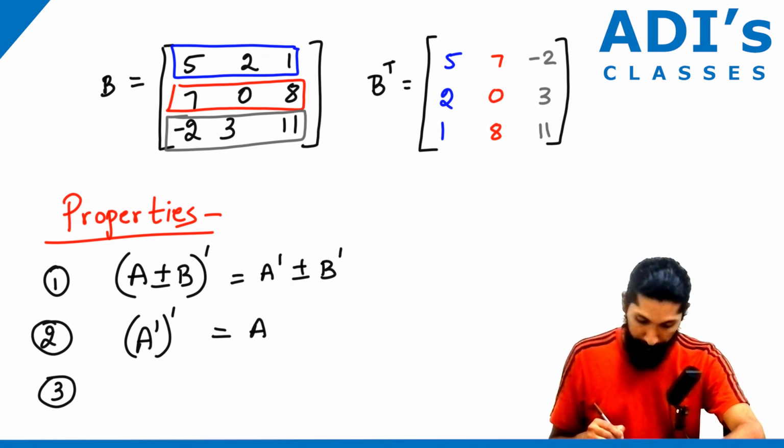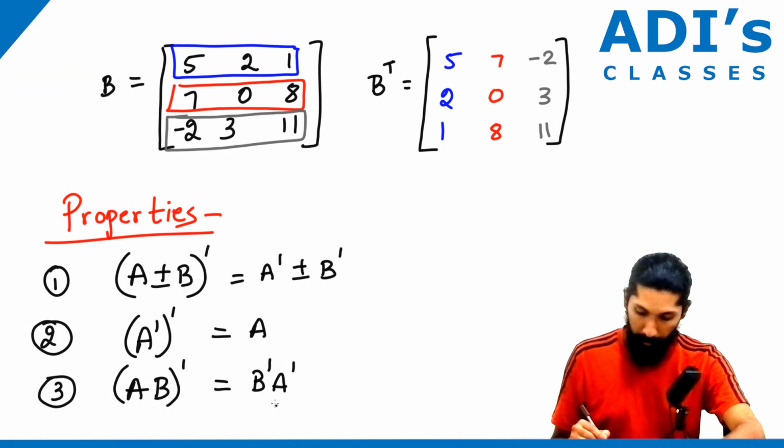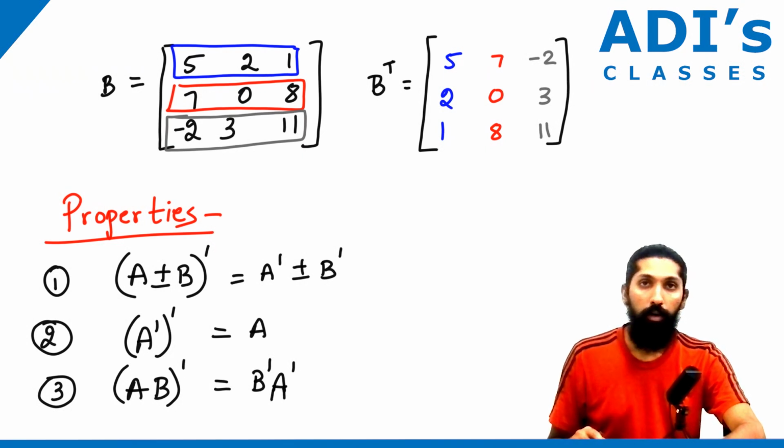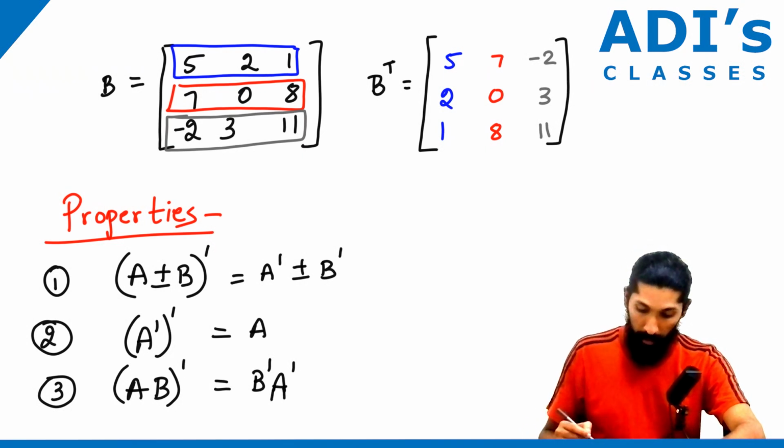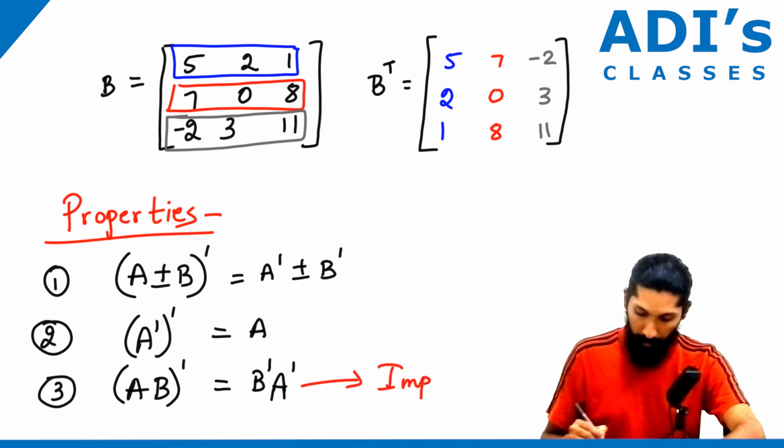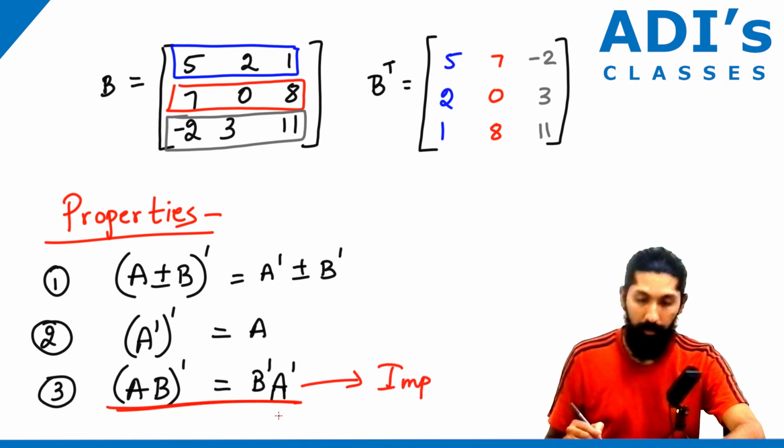The property is, if you have (A into B) whole transpose, this becomes B transpose into A transpose. Of all the three, I would say this is very important. So this property is quite important.